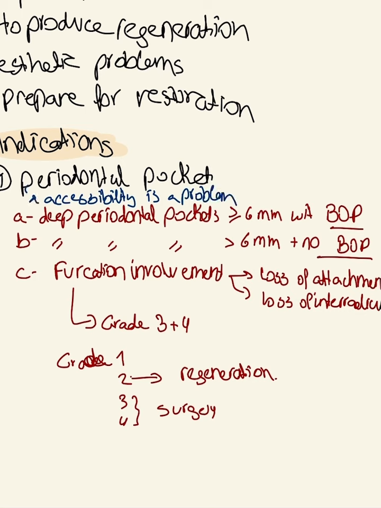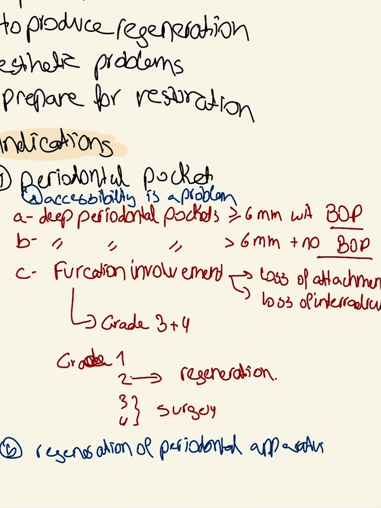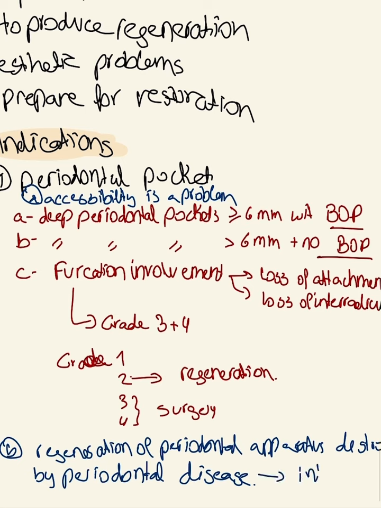This can be A. And B, if the periodontal apparatus is destroyed by periodontal disease and regeneration is needed, for example, an intra-bony defect.